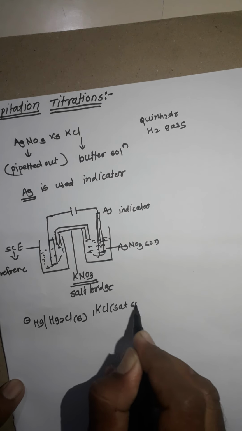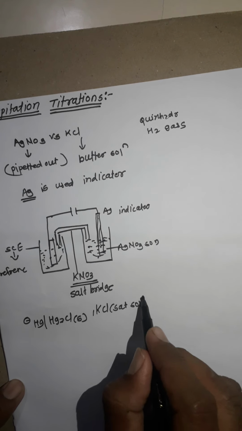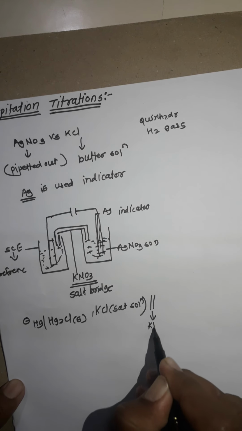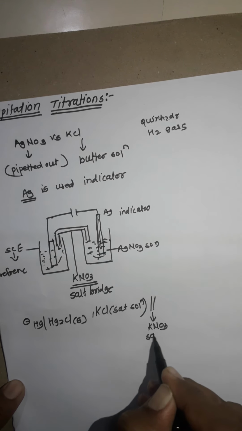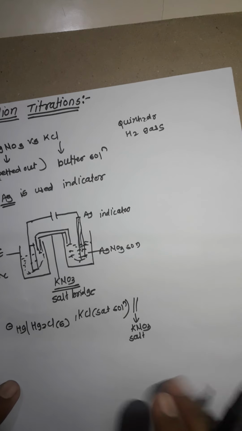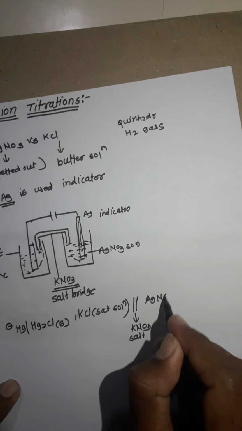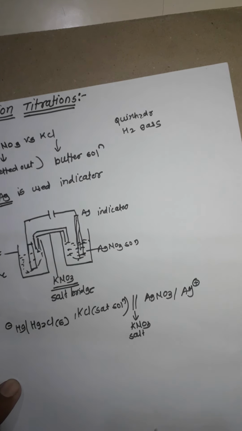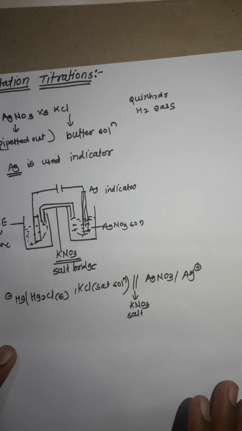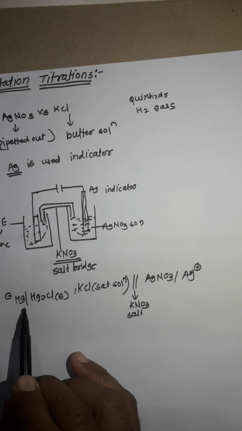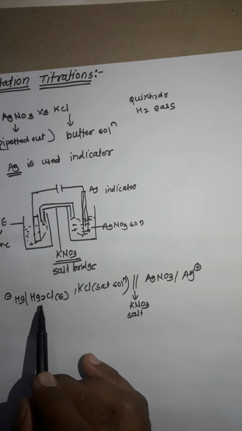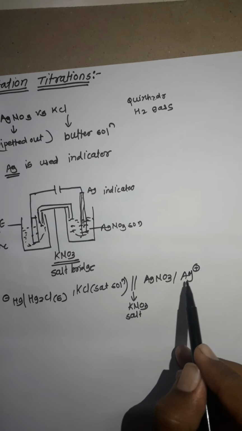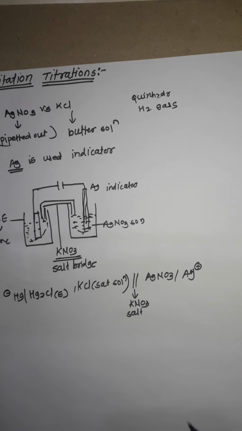The double line is the salt bridge, the KNO3 salt bridge. And again AgNO3 solution and silver electrode. This is the representation of this cell: Hg, Hg2Cl2, KCl solution, AgNO3 and silver electrode, which is the indicator electrode.